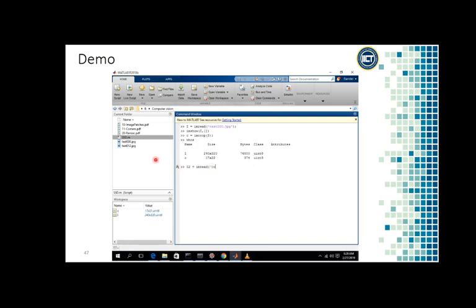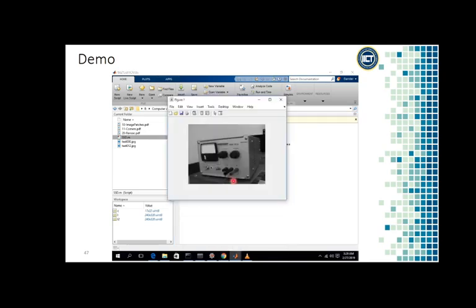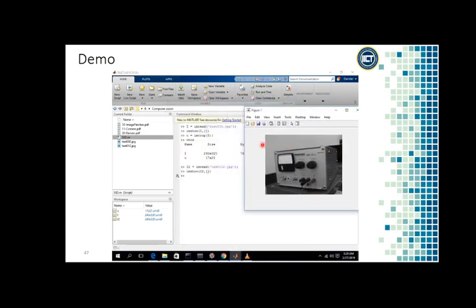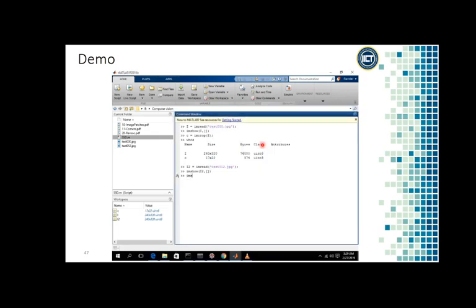And let's read another image, which is the translated version, a translation shift of the original image. Let's see the image first. It's better to differentiate, or it's better to show these images side by side.